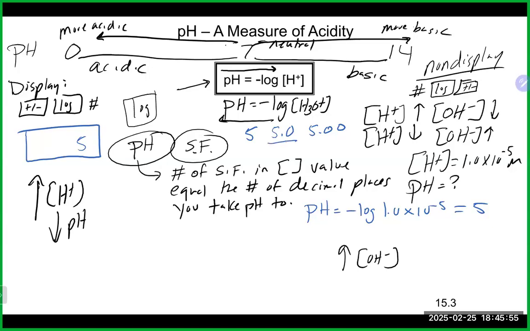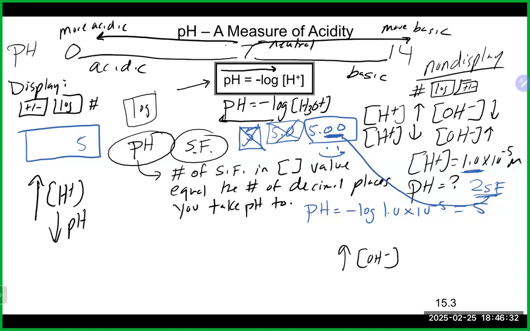When we look at the concentration value, how many significant figures does this have? 2 significant figures in the concentration gives me not 2 significant figures in the pH, but 2 decimal places. So we're going from significant figures to decimal places when we're calculating something like pH.